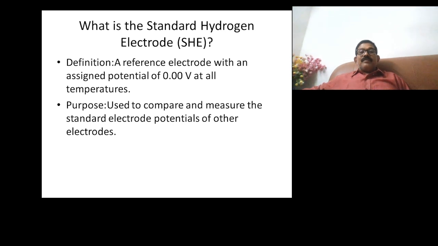The purpose of the standard hydrogen electrode is it is used to compare and measure the standard electrode potential of other electrodes. That is, with respect to the standard hydrogen electrode, the other electrode's potential is calculated or measured.